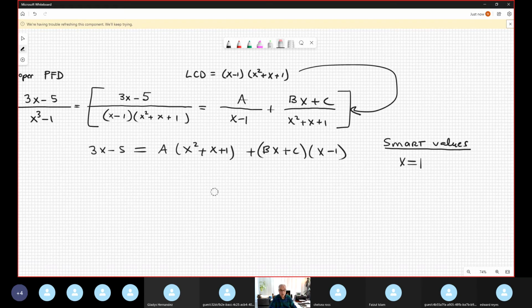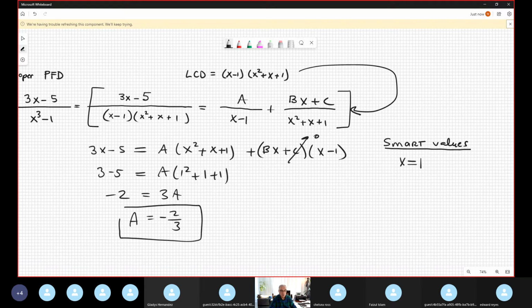So 3 times 1 is 3, minus 5 is negative 2, that part. We have here A times 1 squared plus 1 plus 1, and this is 0. Because 1 minus 1 is 0. So actually, this is 3A, therefore A alone is minus 2/3. Okay?